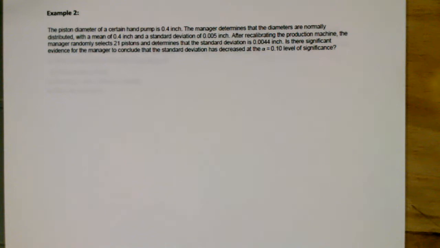After recalibrating the production machine, the manager randomly selects 21 pistons and determines that the standard deviation is 0.0044 inch. Is there significant evidence for the manager to conclude that the standard deviation has decreased at the 0.10 level of significance? Okay, so here we're going to go through that 8-step procedure again.